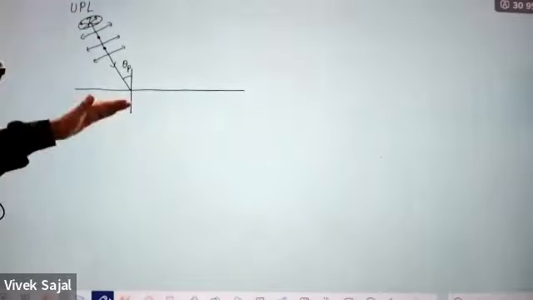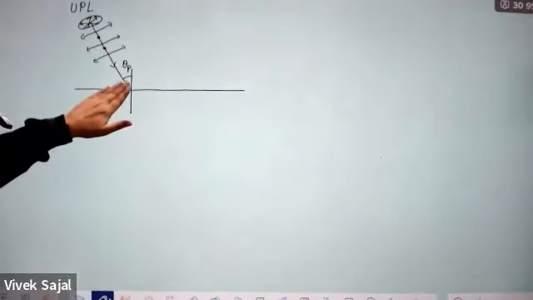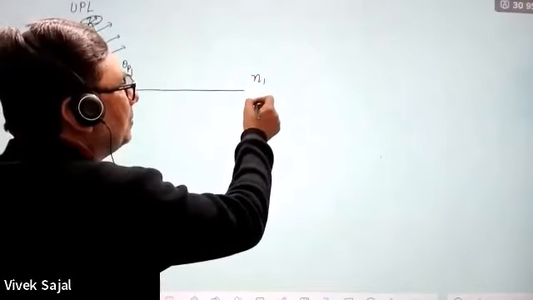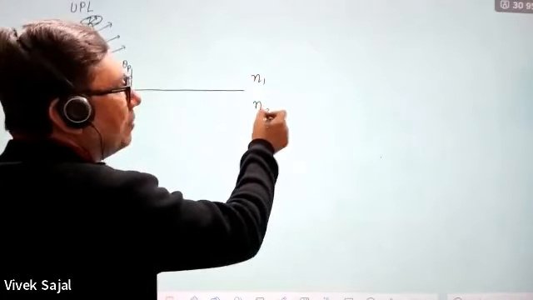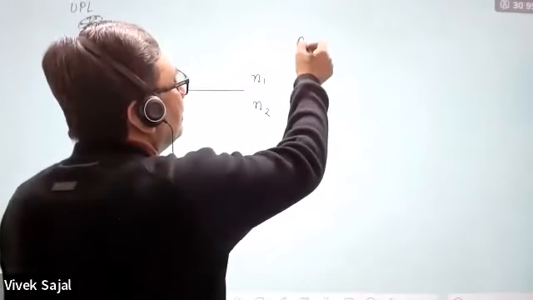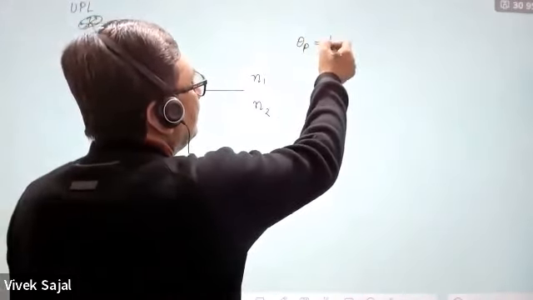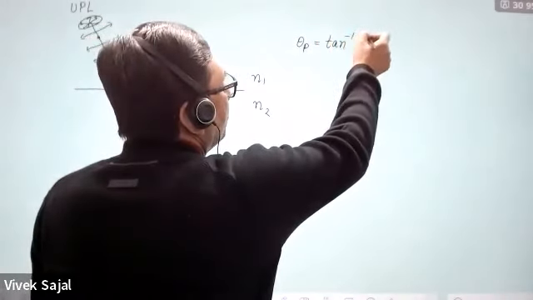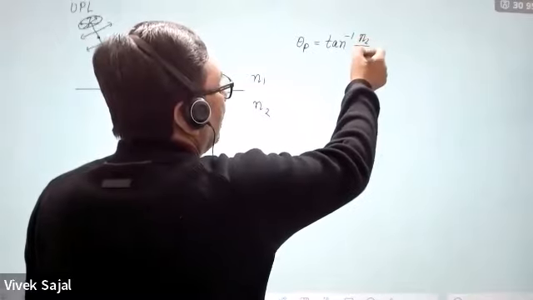So when these two components are incident on this interface between two media having refractive indices n1 and n2, at the polarization angle theta p equal to tan inverse of n2 upon n1, what will happen?